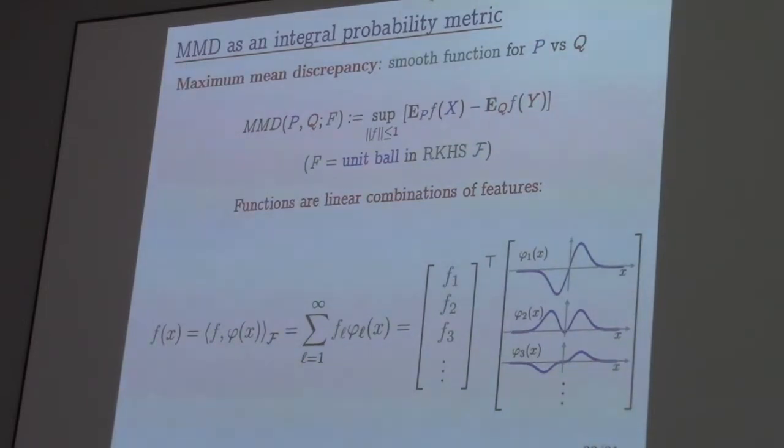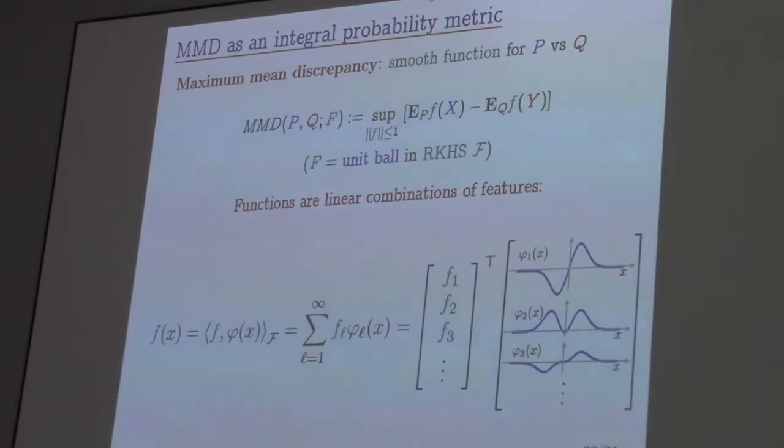So f1 squared plus f2 squared and so on is less than or equal to 1. That means my function is smooth, because I'm taking a sum of coefficients whose squares sum to at most 1, each of which multiplies a feature. These features get less and less smooth as I go up, and the amplitude of my f also drops. It has to drop because the sum of the squares is less than 1. So I end up getting a smooth function out. So this is my smooth function.